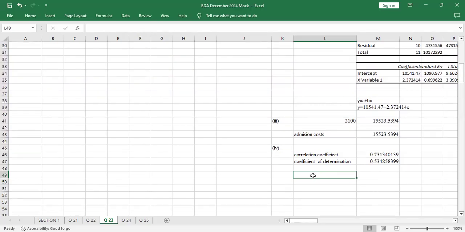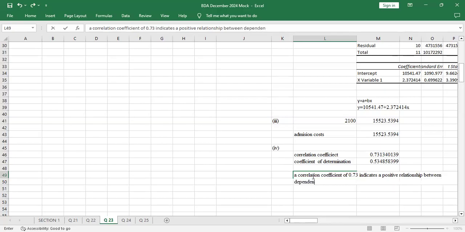So we'll say a correlation coefficient of 0.73 indicates a positive relationship between dependent and independent variable.